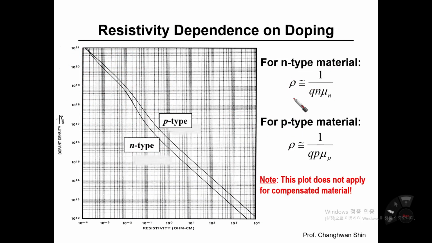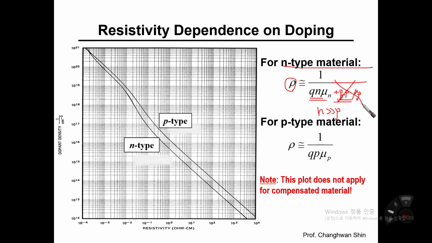All right. In this slide, we're gonna study some estimation. When we estimate the resistivity value, you don't need to calculate all the terms. Just because N is much higher than P in N-type material, you can ignore this term.